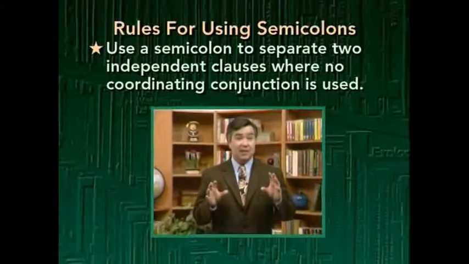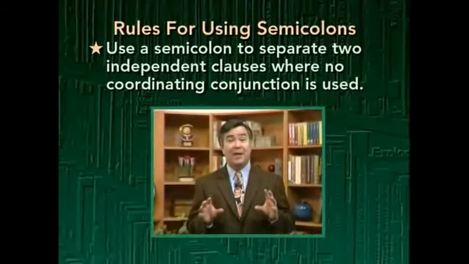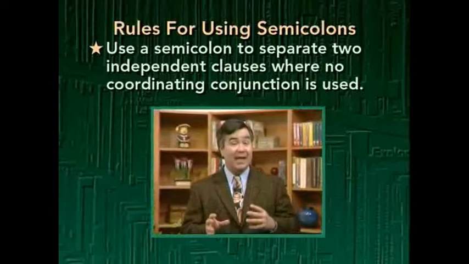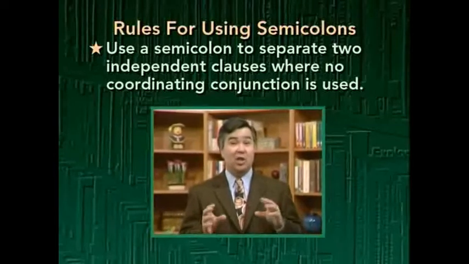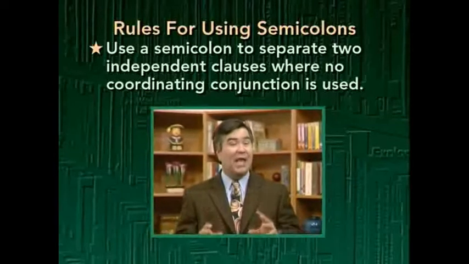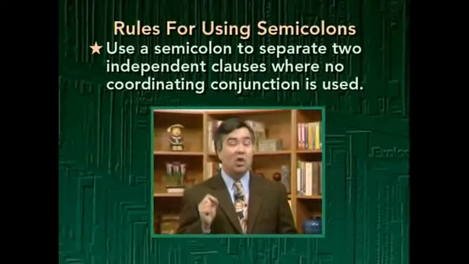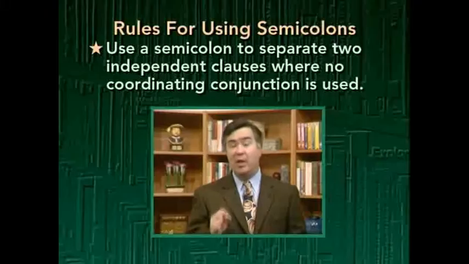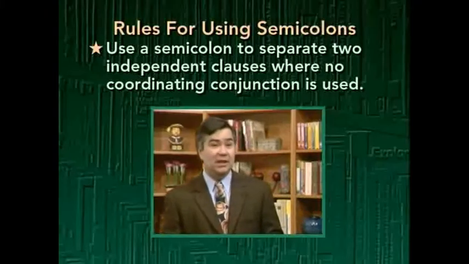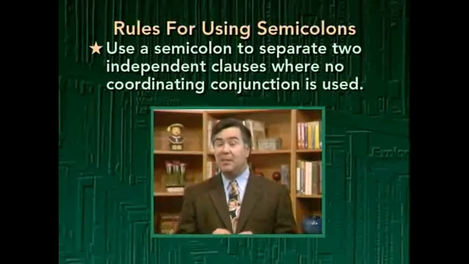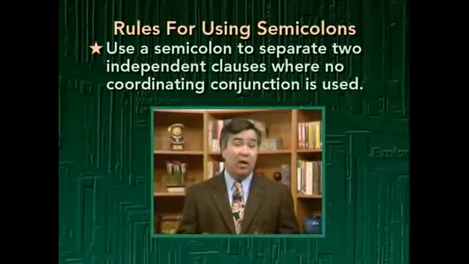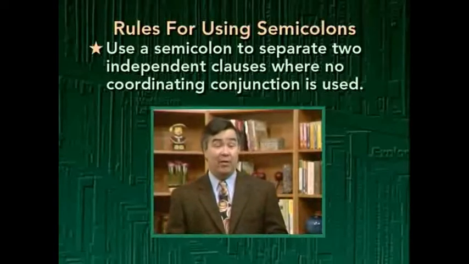In some cases, you might choose to take two independent clauses and simply join them in a sentence because the ideas are closely linked. You might do that without using a coordinating conjunction. When that's the case, you have to use a semicolon in between the two independent clauses. If you fail to use a semicolon, you will have created a run-on sentence, which will be an error.